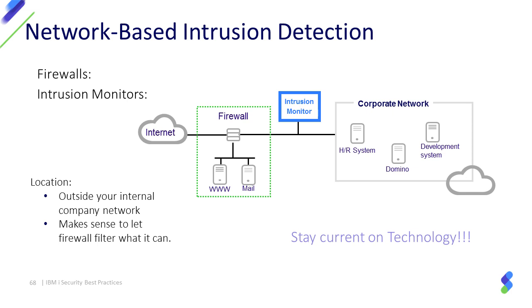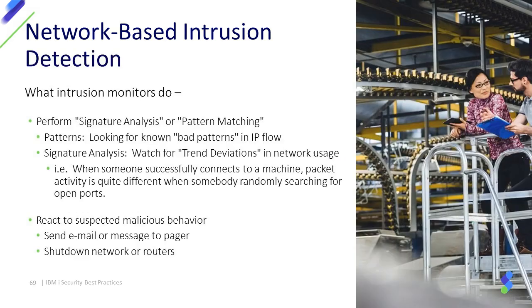If you don't, you want to take a look at these, right? Because there's a lot of capability in the industry today with the hardware devices that do this to really help you keep intruders out of your network. If you're using older technology, you really want to stay current on this.